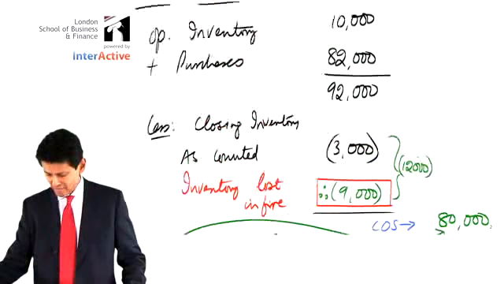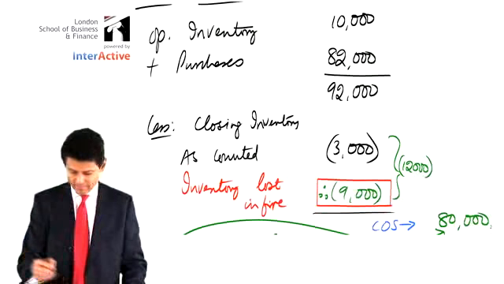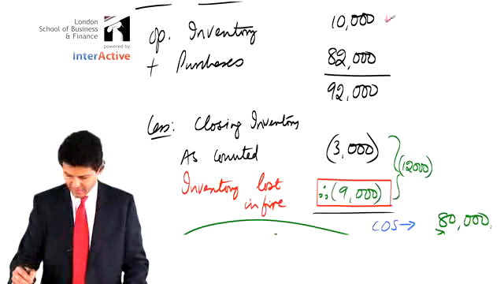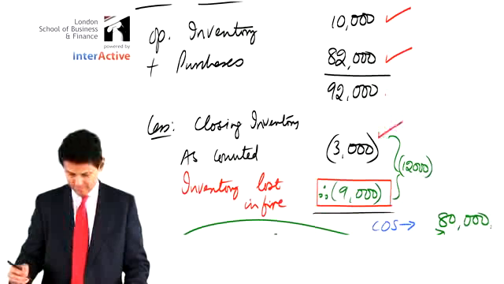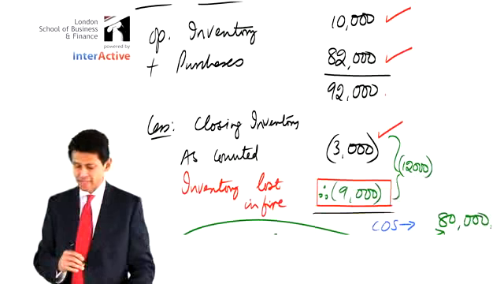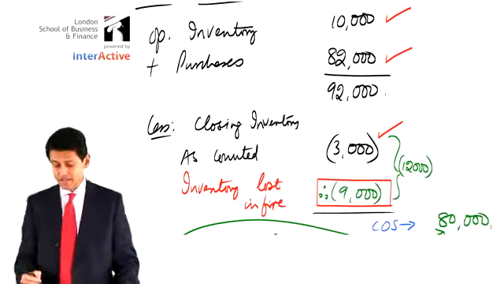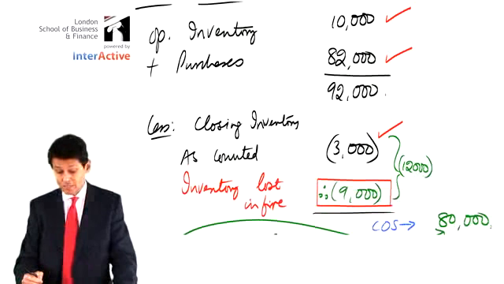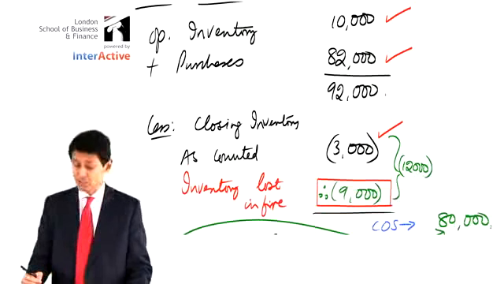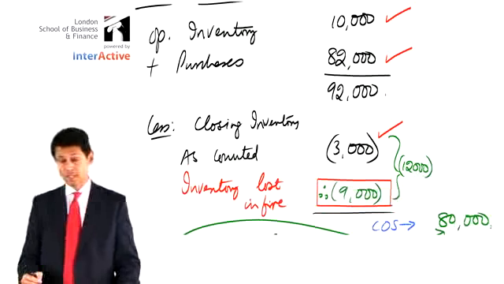If the cost of sales is 80, and I've got my framework absolutely rock solid in my mind, this is given, this is given, this is calculated, this is given. The only thing that I have left then to worry about is what was the inventory lost in the fire? And the answer must be, if my cost of sales is 80 and my running total of opening inventory plus purchases is 92, clearly the difference between 80 and 92 must be the closing inventory.